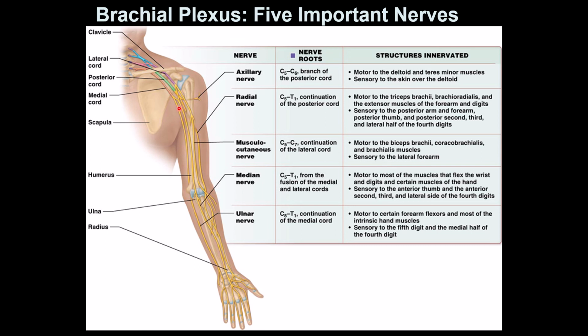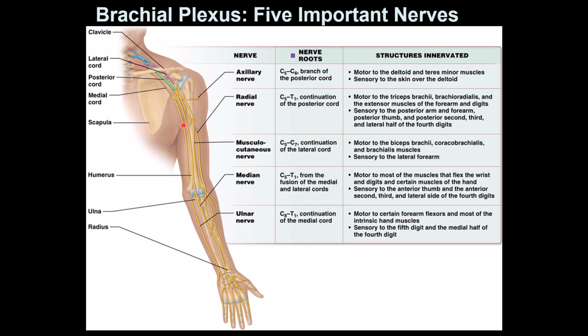So this is from the posterior cord that you can see. It's going like this and goes all the way like this. It's a little bit hard to see this because it's a 2D image, so it's a little bit difficult to think about it. But the radial nerve is easy to remember. It supplies the muscles of the posterior arm, the muscles of the posterior forearm, and also some of the muscles of the back of the hand.